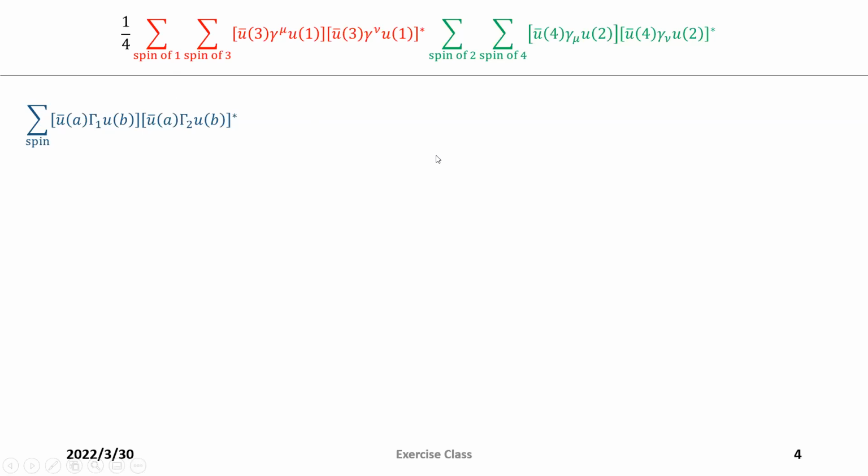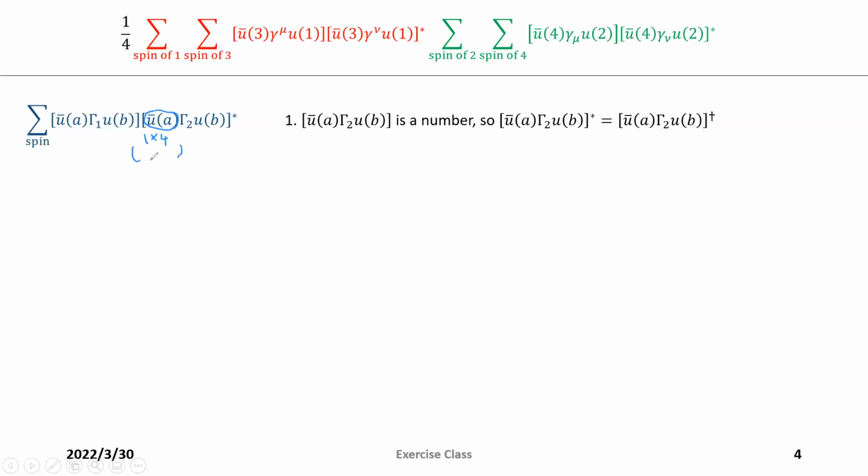I think you have gone through this once in your lectures, and I'll just repeat it once again. The first step: you can see that this is a number. This ū, you can regard it as a 1 times 4 row vector.